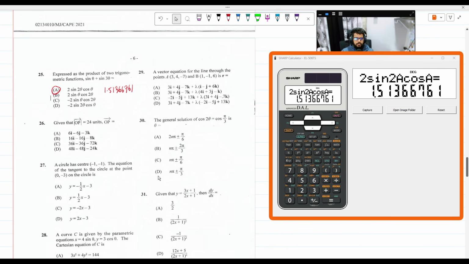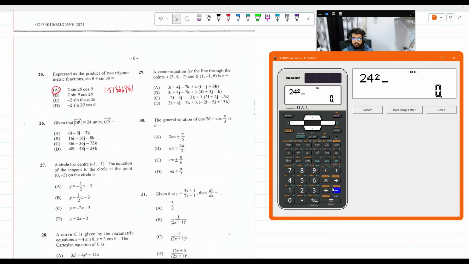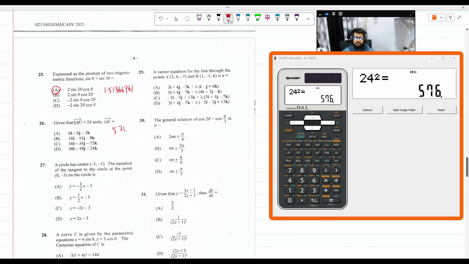Given that OP is 24, we had to check and see which one of these gives me, where's 24 squared? 576. When I square all and add them together, so I'm going to get 36. Well, I know for sure A can't be the answer, right? 36 plus 9. And I'm looking for 576.